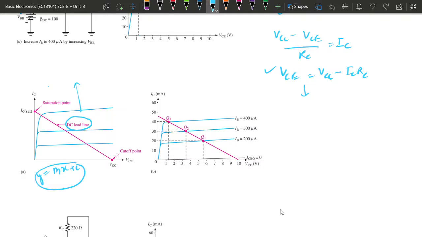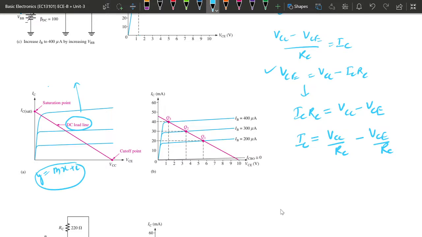On the y-axis we have IC, so we will be making IC separate. IC RC is equal to VCC minus VCE, and we need to separate the IC. By dividing both sides by RC, we will be getting IC equals VCC divided by RC minus VCE divided by RC.